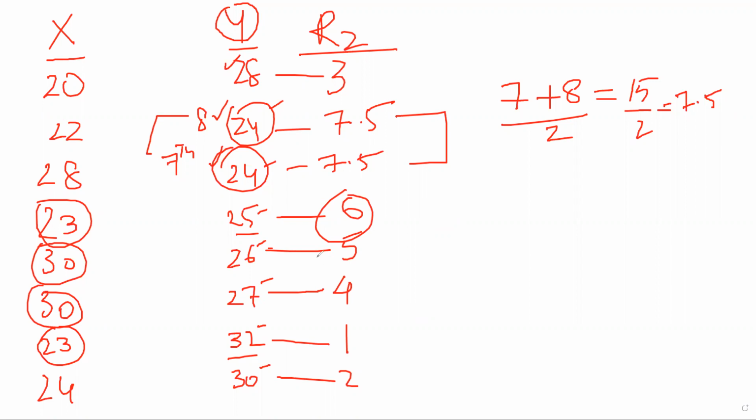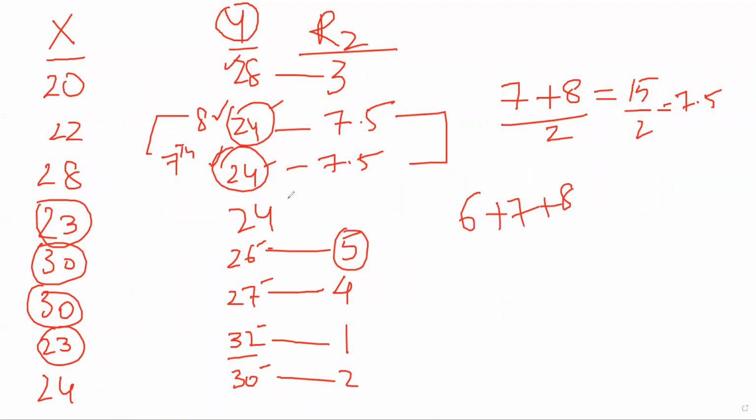Let us suppose my values came up to 5. Imagine, in the same scenario, instead of having 6 like this, this was also 24. Now after 5, my 6th, 7th and 8th values are all the same. All of them are 24. So I will do 6 plus 7 plus 8 divided by 3, which is 21 by 3, equal to 7.